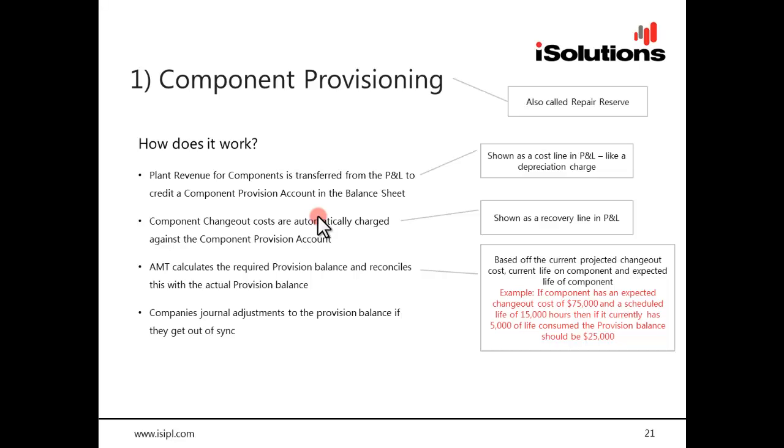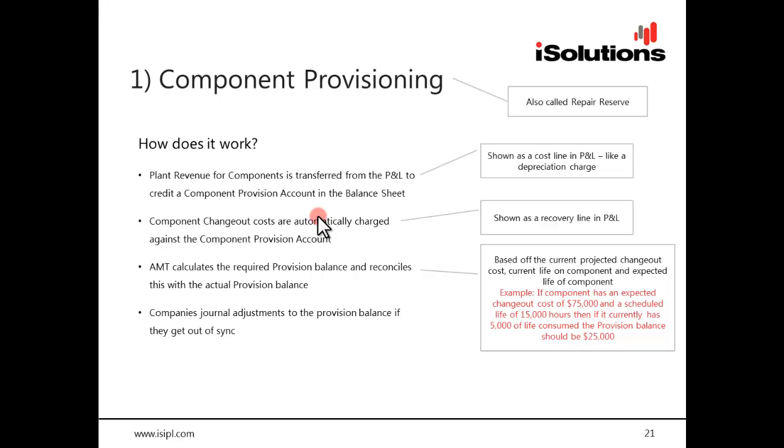And where you see an imbalance, then you do a journal to correct that, where they start to get out of sync. We don't recommend that component by component you be working out that you made 3,000 on this one and lost 4,000 on that one, and you be journalizing adjustments at that level. It would more be at a region or a fleet level, where you're looking at the sum of the components.